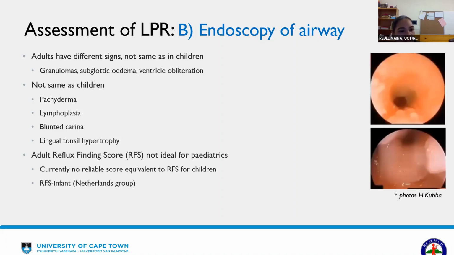Whereas children get pachydermia, they can get lymphoid hyperplasia, blunting of the carina, and often these children can have lingual tonsillar hypertrophy. And the adult reflux finding score is not ideal for the pediatric population, and there's currently no reliable score equivalent to the adult reflux finding score for children at the moment.